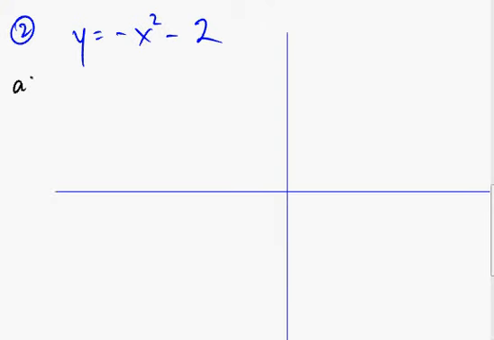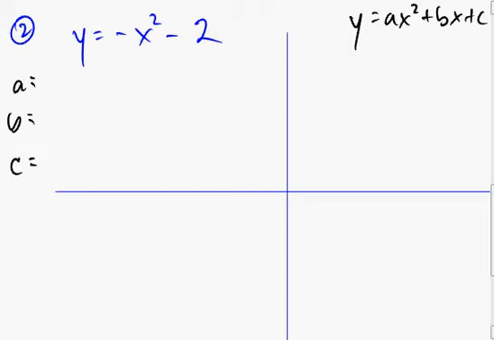So question 2 says y equals negative x squared minus 2. Okay. Again, that's written in standard form, just like this. Okay? So, I don't think you necessarily have to write down A, B, and C on the side like I did, but it's pretty helpful.